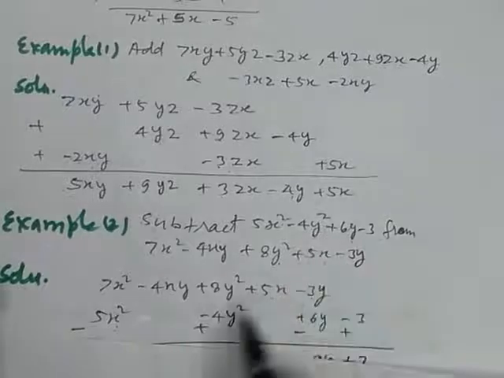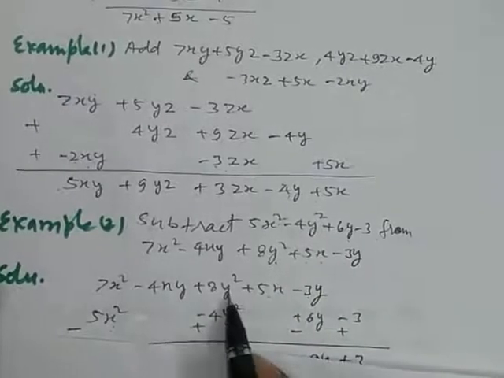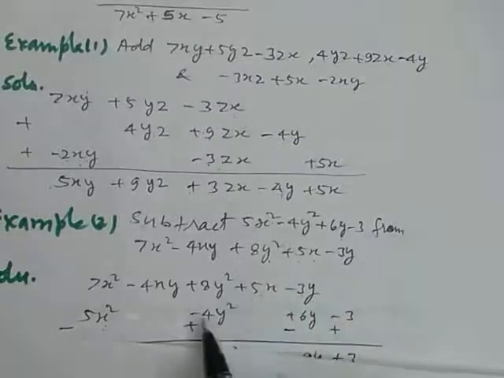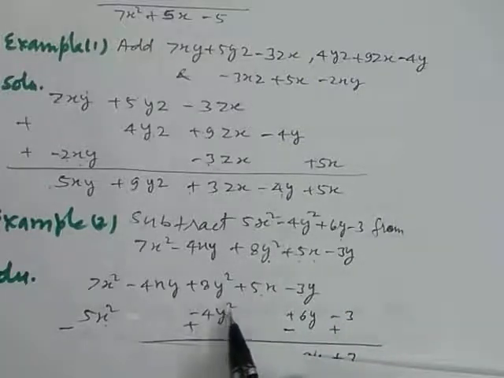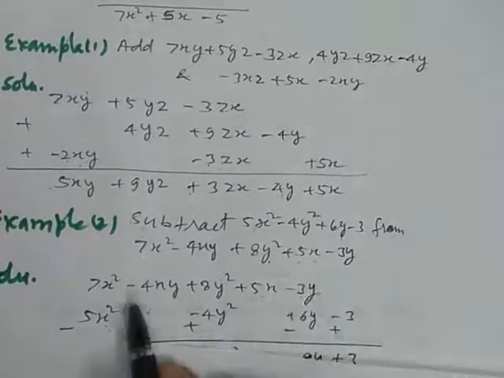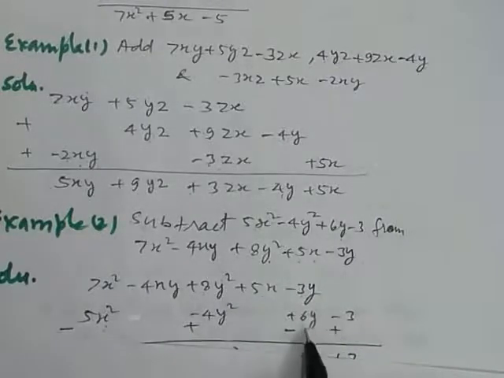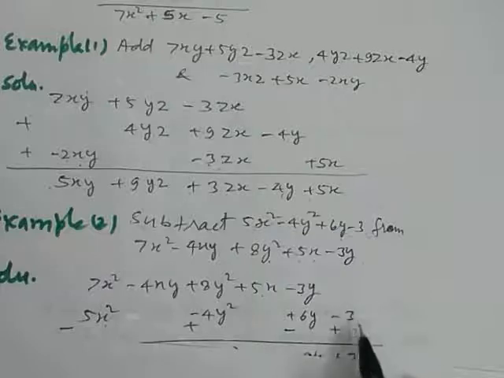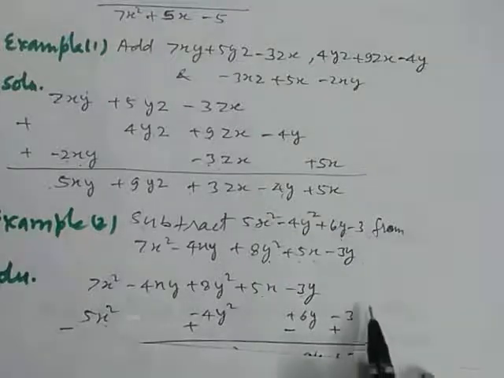Now minus 4y square, here the y square term is here, so we place minus 4y square with its sign below this like term. Plus 6y, this is the y term, so we place plus 6y here. Now minus 3. There is no numeral term, so we put minus 3 separately.